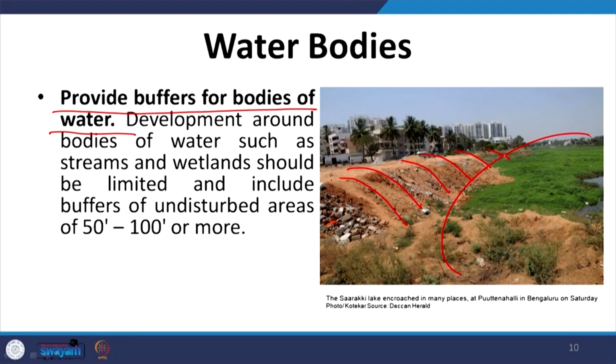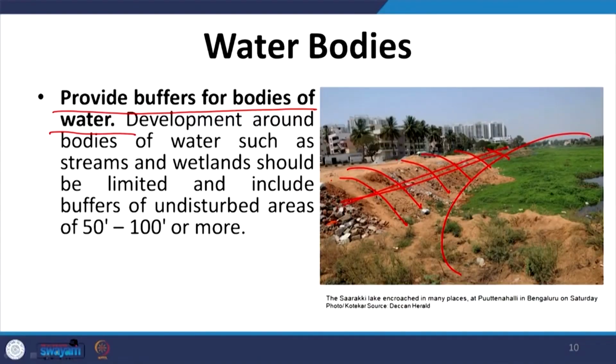A lot of lakes in cities have already been eaten up, and this site a couple of years later will be used for constructing new buildings, which is what we have to avoid at any cost. So, the development around water bodies should be at a minimum distance which is specified in local bylaws and also in national governing laws.